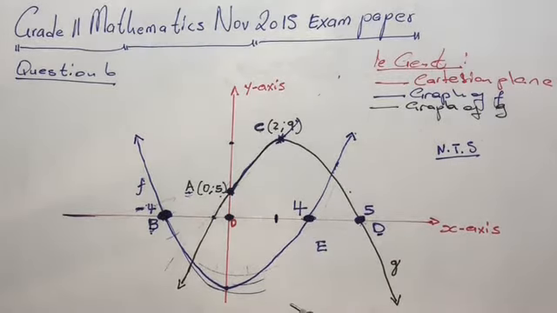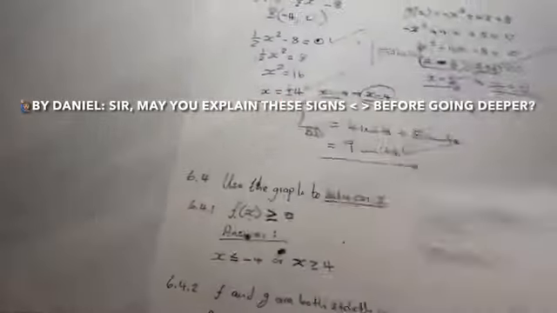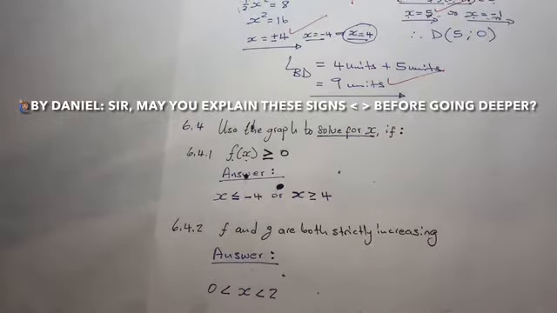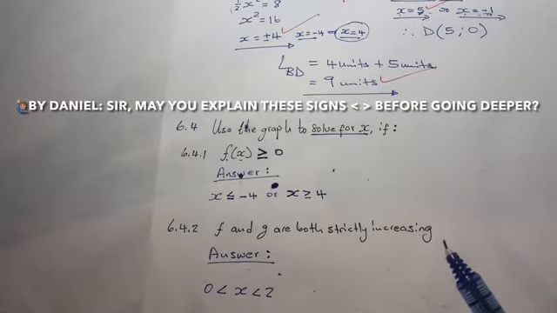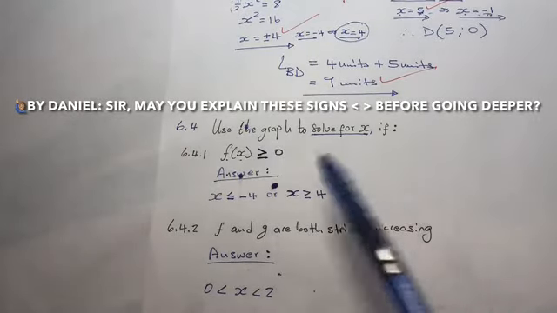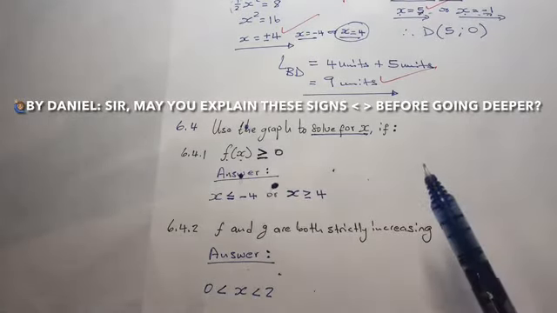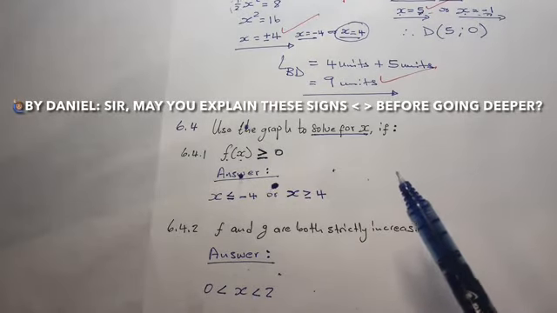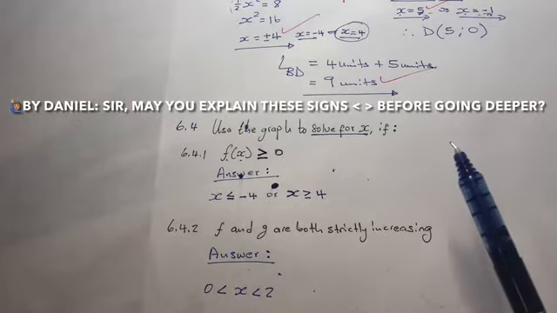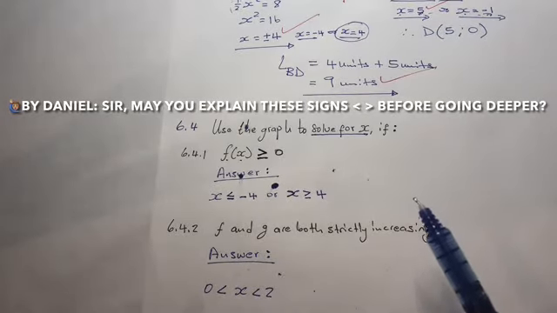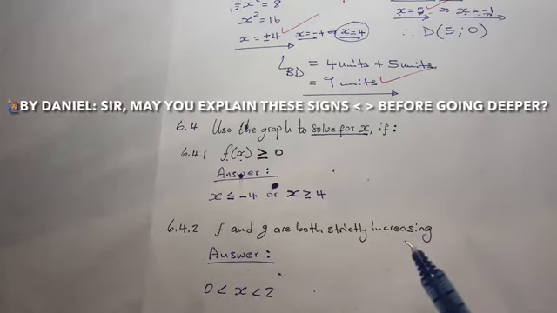Now I see a question there. So I'll just quickly explain what that sign means, and also explain in detail how to verify if your answer is correct, and again how we arrived at that final answer.